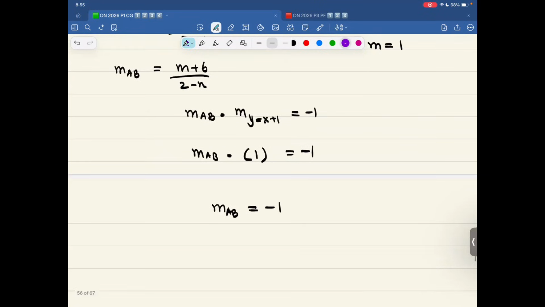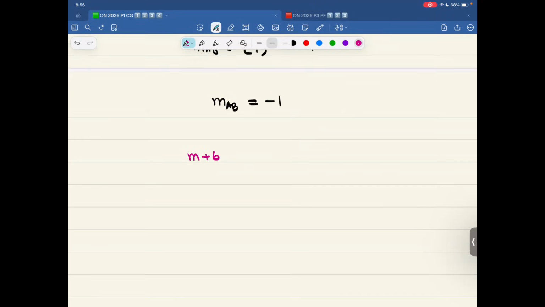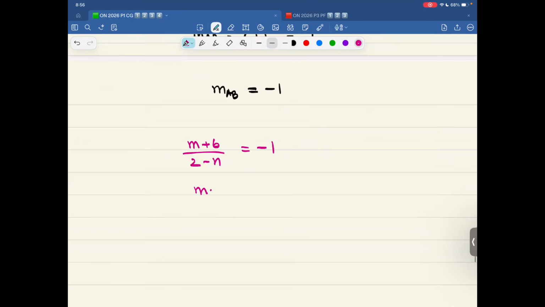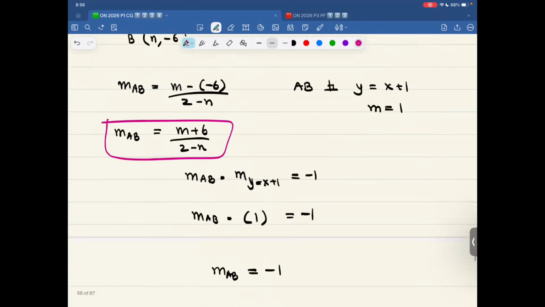So m plus 6 over 2 minus n is negative 1. m plus 6 is n minus 2, as I have multiplied with negative 1. Therefore, m equals n minus 8. That is equation number 2.